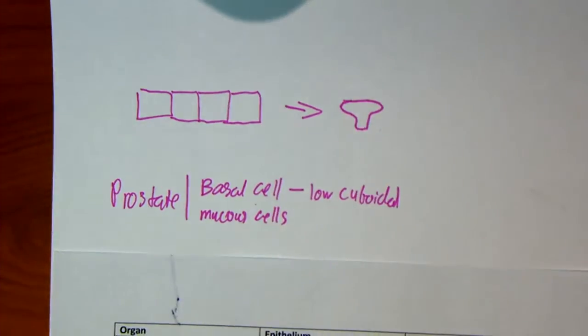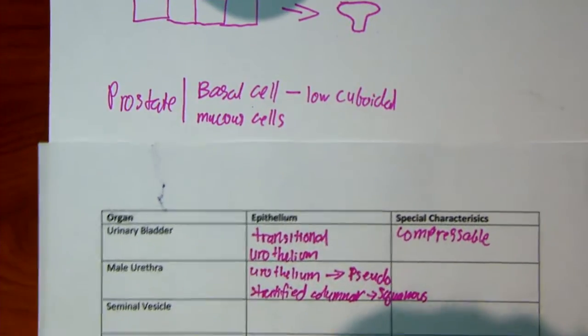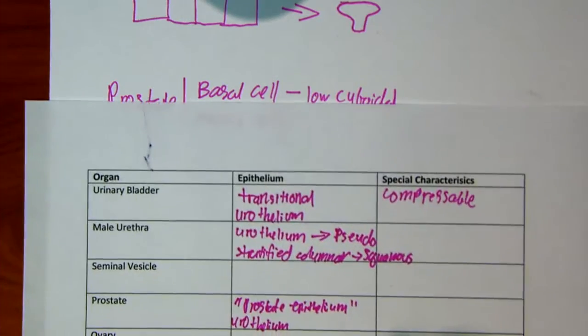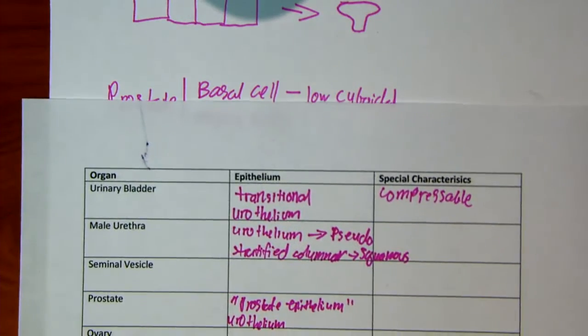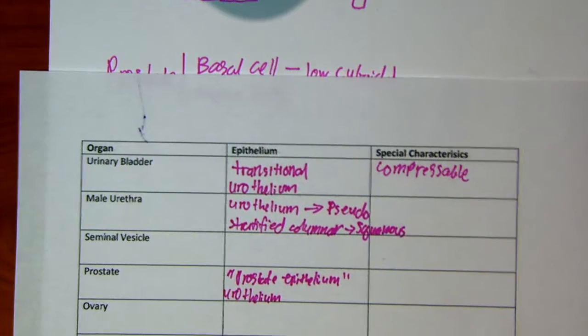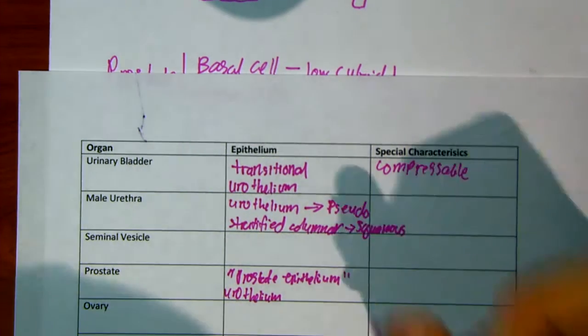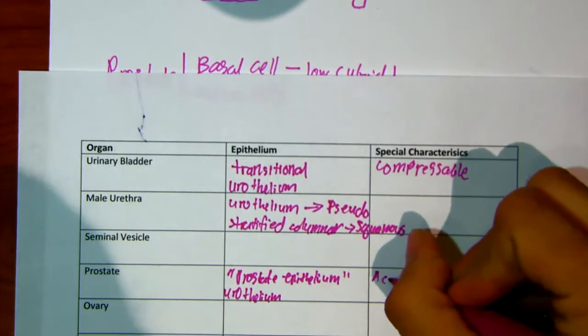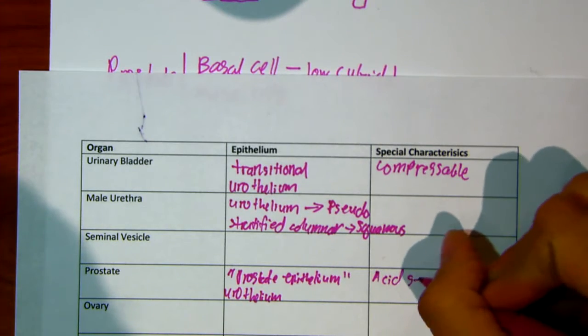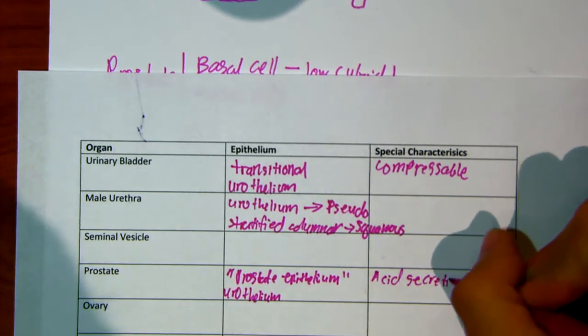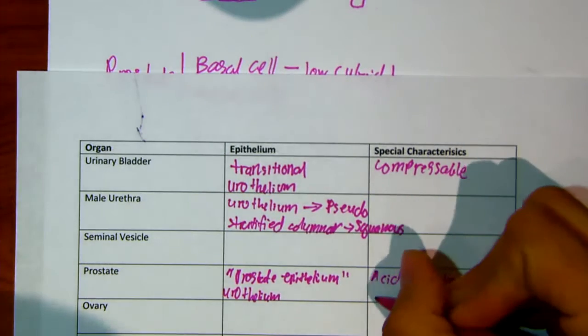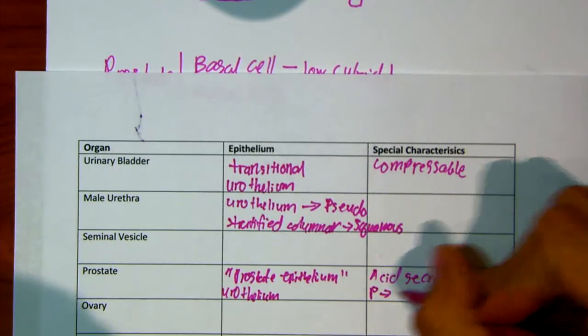All right, so what's something special we see here in the prostate? Acid secretions in the prostate. So in the prostate, we see mildly acidic secretions. The way I like to remember that is prostate starts with P. P, sort of like proton.